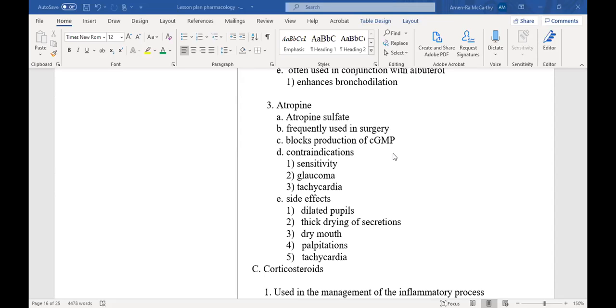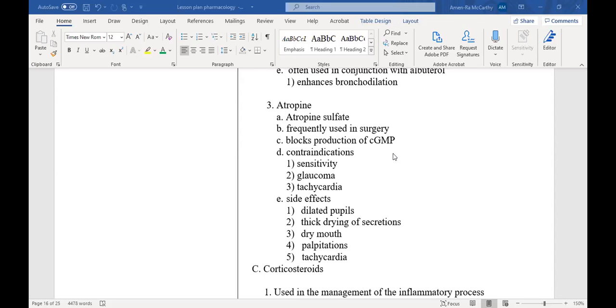Now, some of the contraindications of atropine. Why would I not give atropine? Well, if somebody has a sensitivity to it, like they're so sensitive that the heart rate shoots up to 200, right? We don't want that. Glaucoma. If somebody has glaucoma, we don't want to use atropine, because cholinergic will constrict the pupil. Atropine is going to stop that from happening, right?